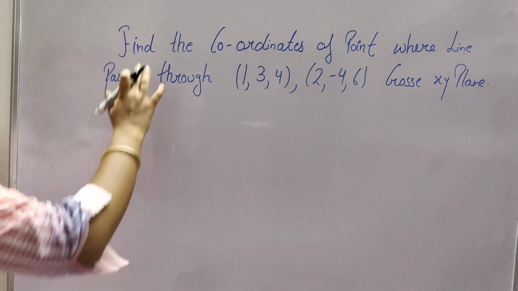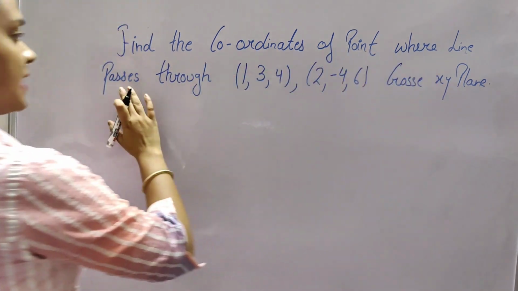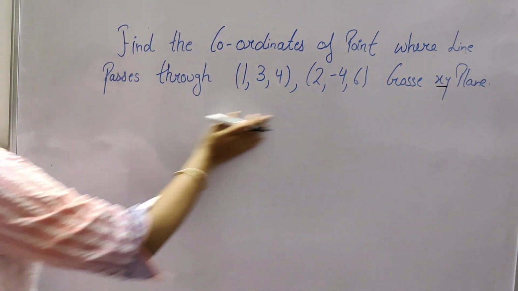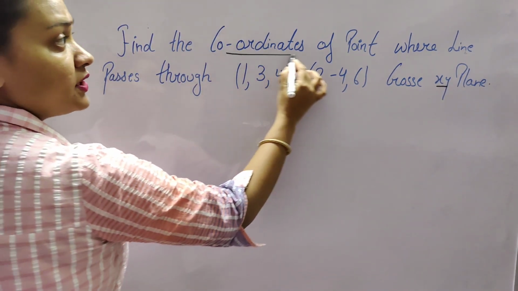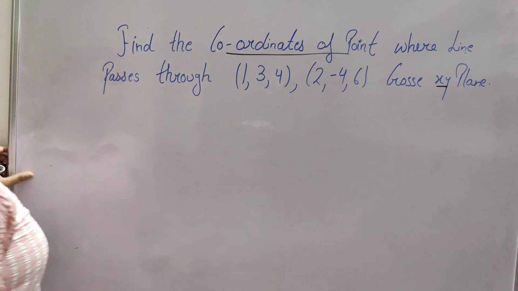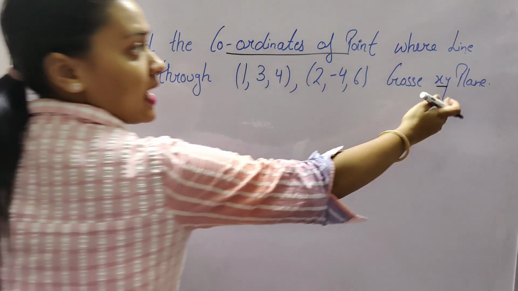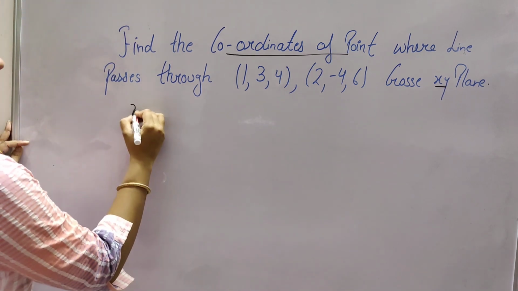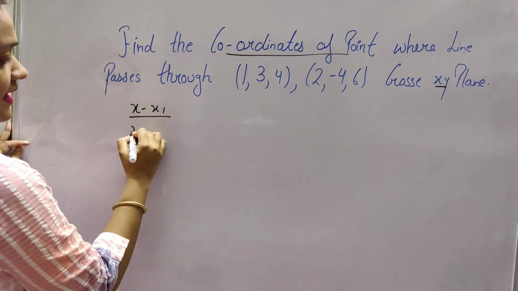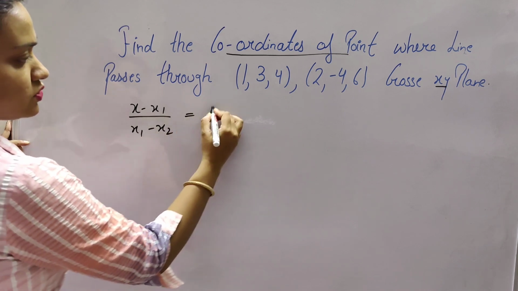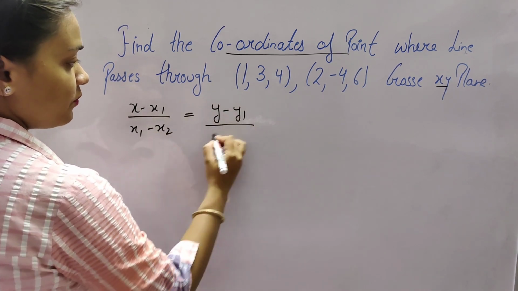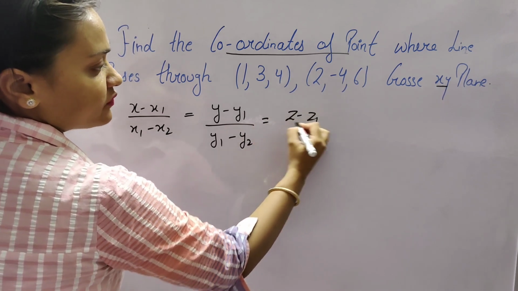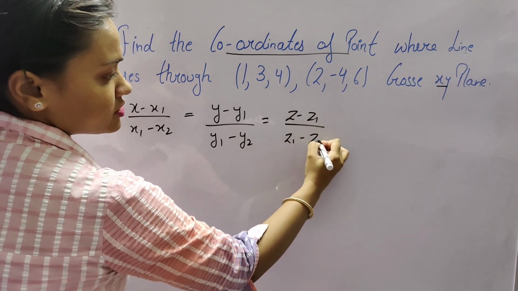So students, your next question is: find the coordinates of the point where the line passes through these two points and crosses the xy plane. If two points are given to you where the line passes, and the xy plane is given, you have to write the equation x minus x1 upon x1 minus x2 equals y minus y1 upon y1 minus y2 equals z minus z1 upon z1 minus z2.